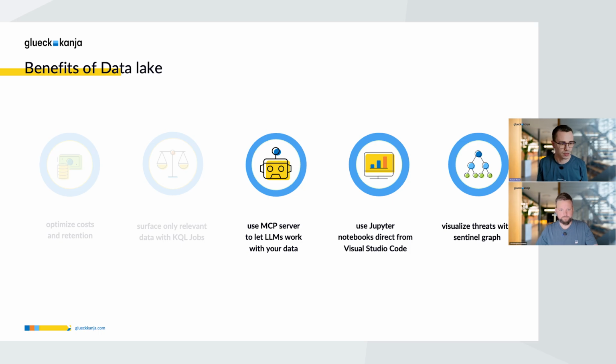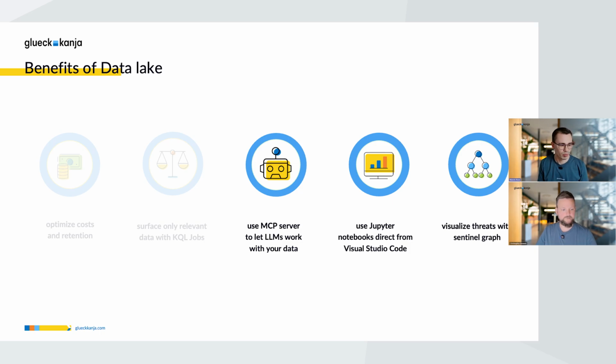Visual Studio Code has a dedicated extension to work with Jupyter Notebooks, but especially for the MCP server, it's totally easy to use. We will show it in some seconds in a short demo. And of course, there's a third tool which is named Sentinel Graph, which is natively available in the security portal. And of course, we will also have a look at this data as well.